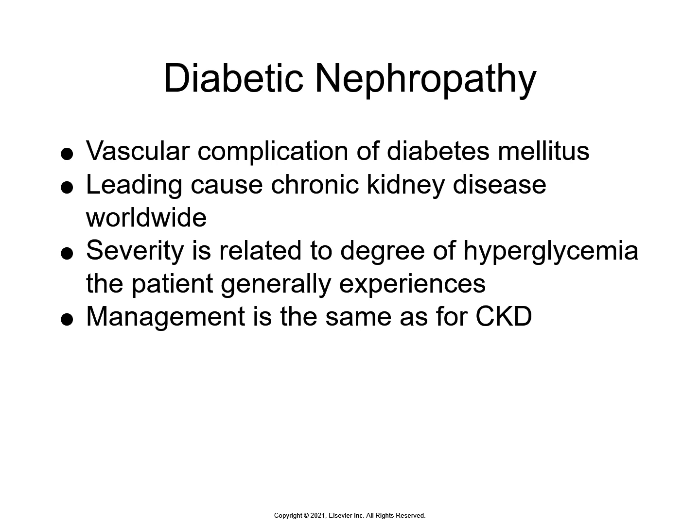Okay, vascular complication of diabetes mellitus. This is where we run into such problems with people who have diabetes with renal disease. It is the leading cause. Diabetic nephropathy is the leading cause of chronic kidney disease worldwide. The severity is related to the degree of hyperglycemia the patient generally experiences.